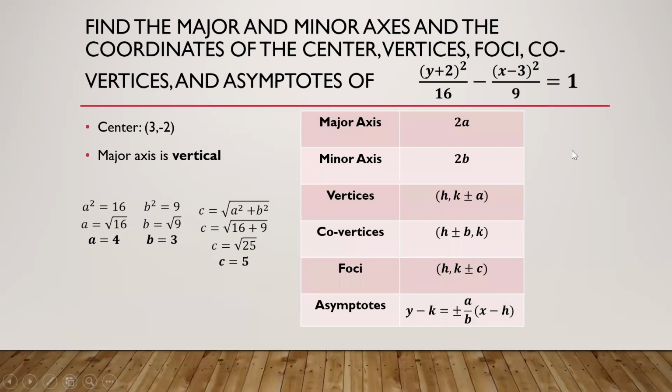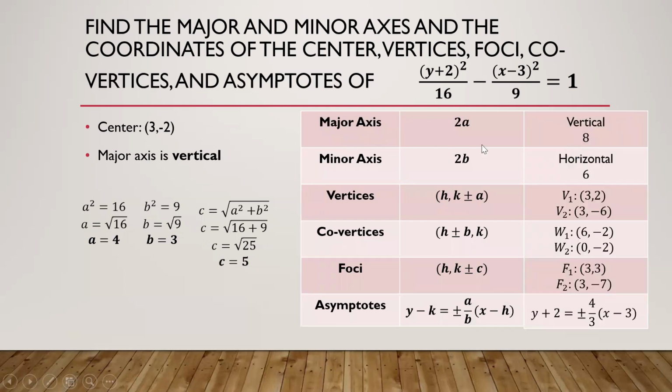Then we complete the table. So again, our major axis is vertical. So 2a is 2 times 4, so that's 8. And then our minor axis is horizontal. So that's 2b. So 2 times 3, which is 6. For our vertices, since y came first, we will manipulate k using a. So h, comma, k plus a. So again, our k is negative 2 plus a, so that's 4.